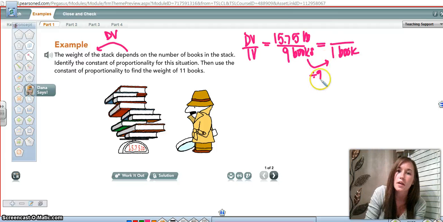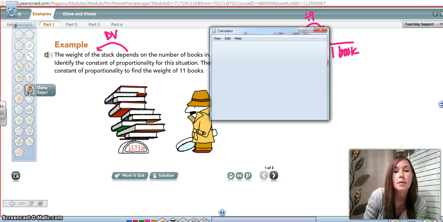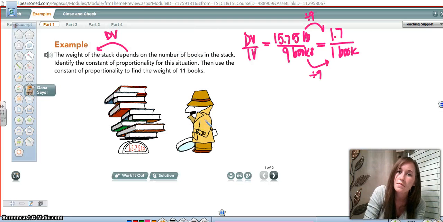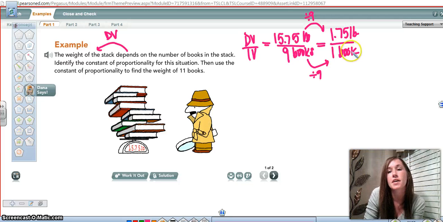In order to find that, we would divide by 9. We could do this by hand, but we could also use a calculator to speed things up. 1.75 pounds per book. So 1.75 is our constant of proportionality.